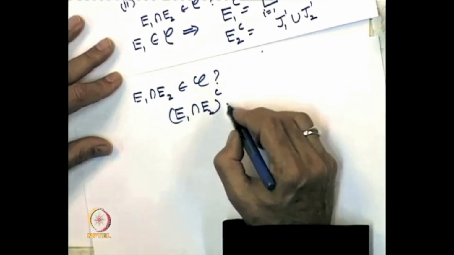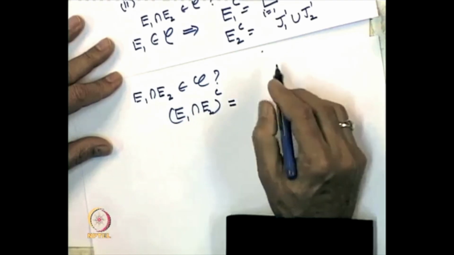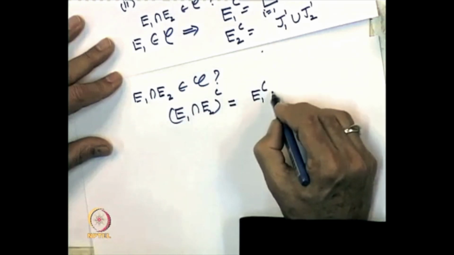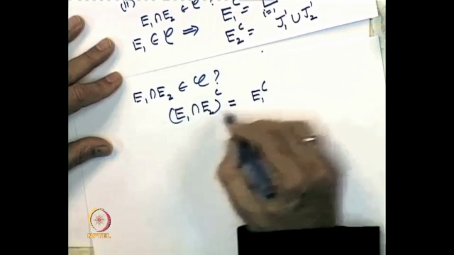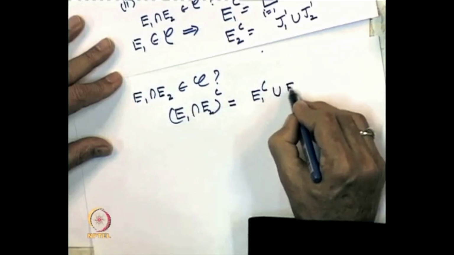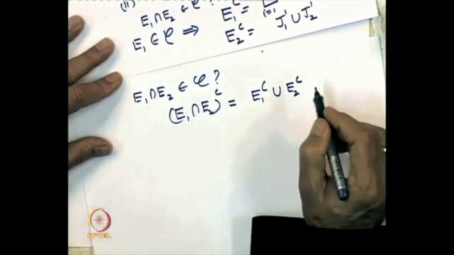So this is equal to E1 complement union, by De Morgan's laws, E2 complement.